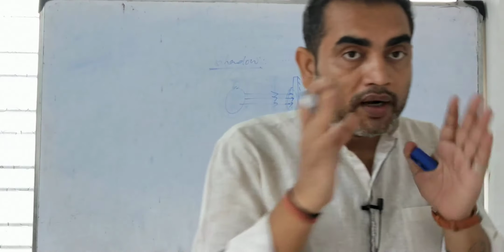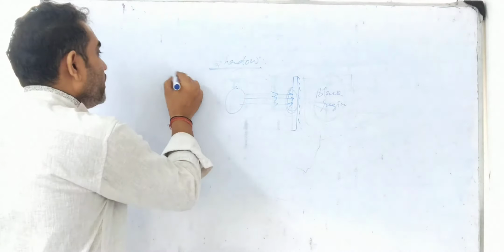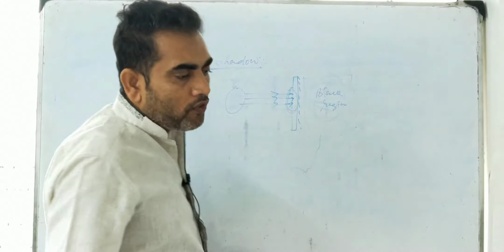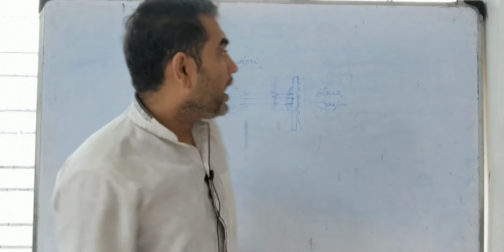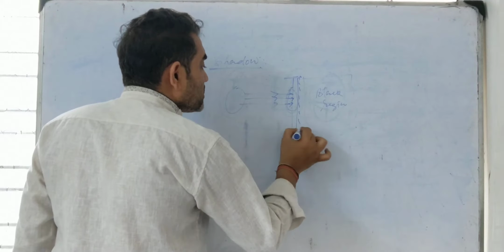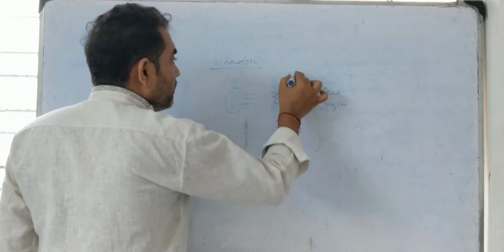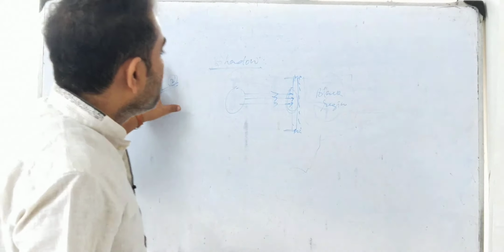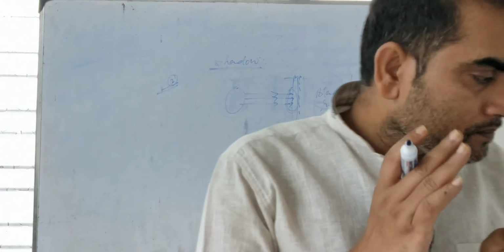Understood? So what is shadow? In order to form a shadow, the conditions required are, first of all, there should be a source of light, obviously, and second, an opaque object should be placed in the path of light. If there is an opaque object in the path of light, then only the shadow will form, otherwise the shadow will not form, obviously.